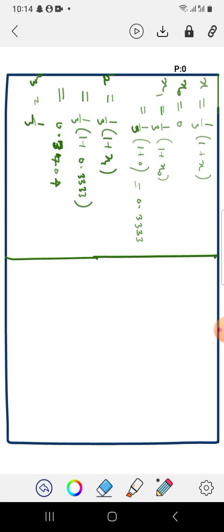It's going to be 1 over 3 into 1 plus x2, which is 1 over 3 into 1 plus 0.3704.